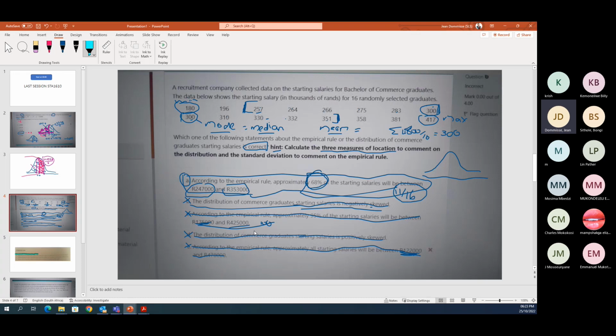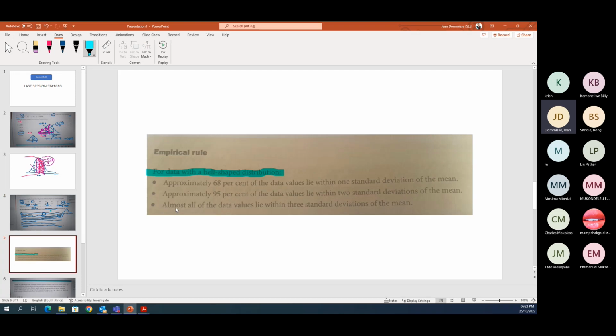That's why they tell you first to work out if the mean, median, and mode are exactly the same value, so that you can use the empirical rule. Okay, so I think that is important from the empirical rule.